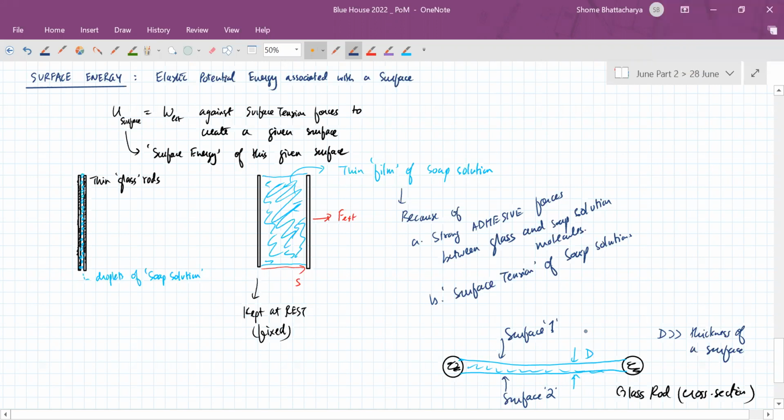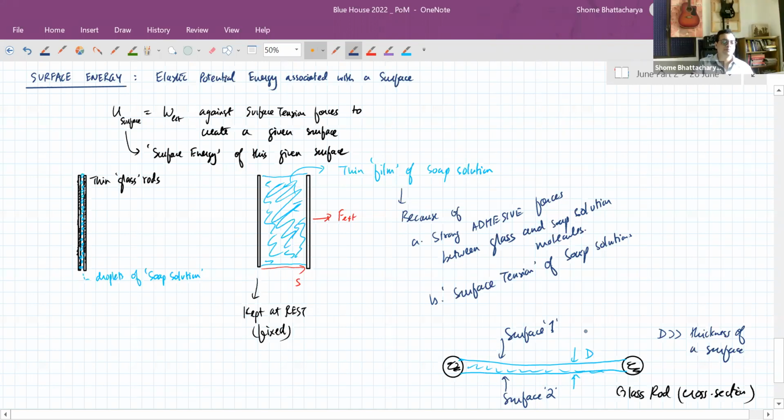So the film of liquid is more like a three-dimensional cuboid of liquid, like a plate of liquid, which is reasonably thin, but not thin enough to qualify as a surface. So it is bounded by two surfaces on either side.